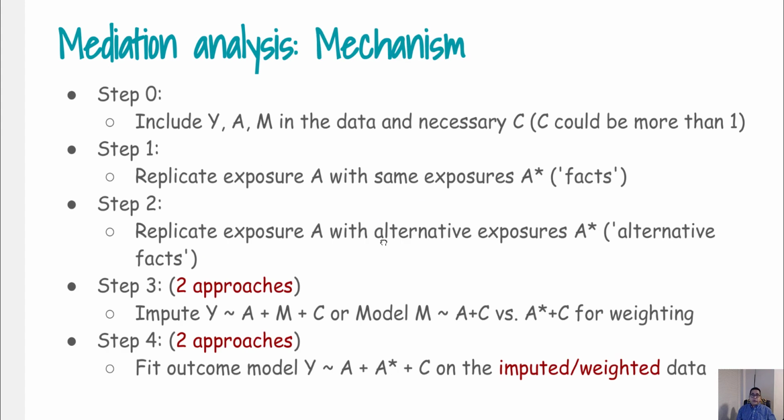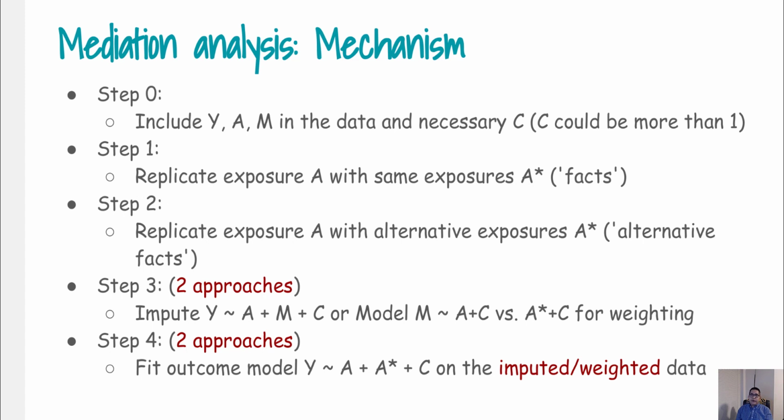In this first step, we are going to explain the mechanism in 5 different steps. I started with step 0. It's like Python coding, where your index starts from 0, so you start from 0 and end at step 4. But there are 2 different approaches that we are going to use in steps 3 and 4.